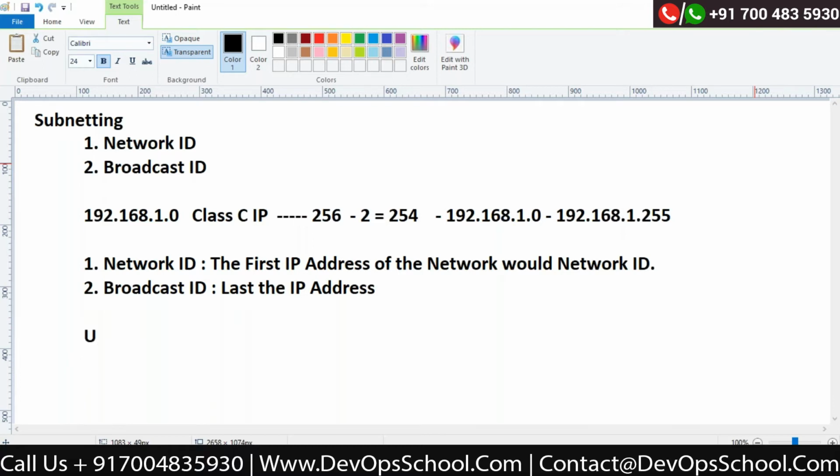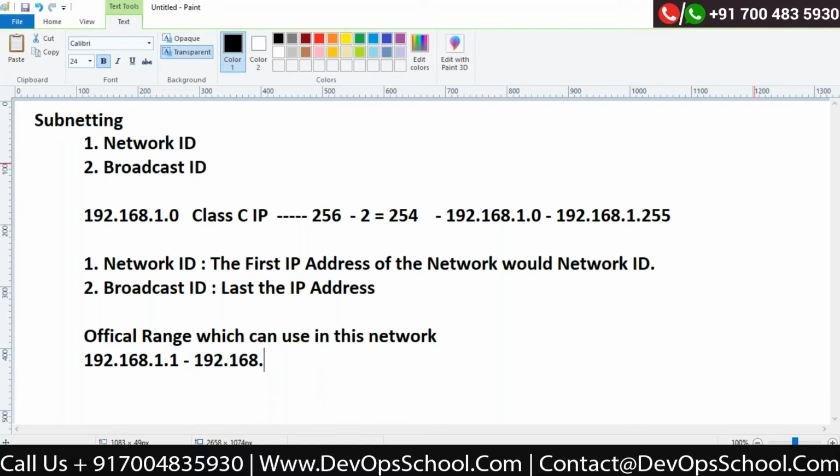So what is the official usable range which we can use in this network? The official range which we can use in this network would be 192.168.1.1 to 192.168.1.254.